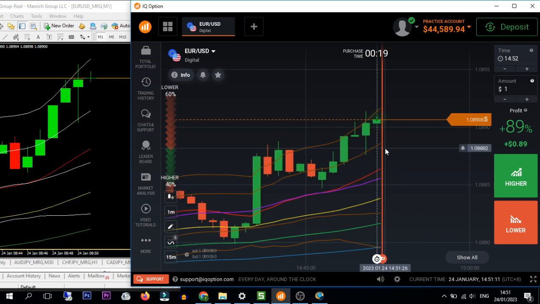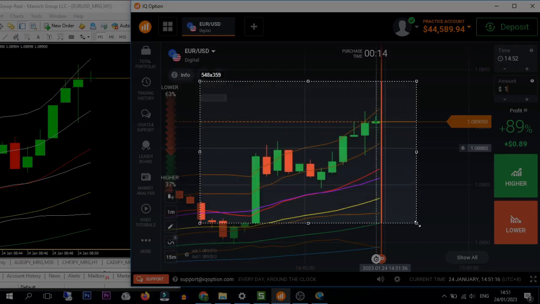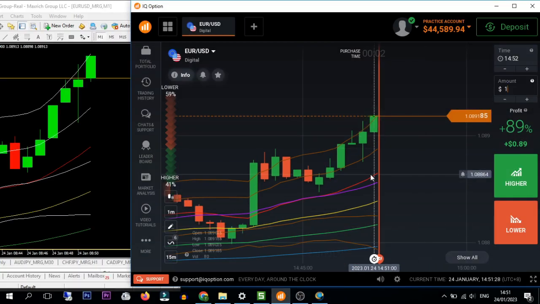We just find the trend, which is lower high, lower low or higher high, higher low. Here was a little bit significant, but this is not. I'm not trusting this kind of higher high, higher low, so I will wait for it.